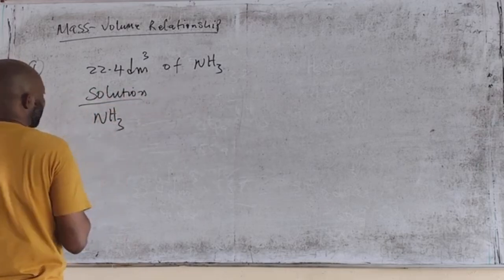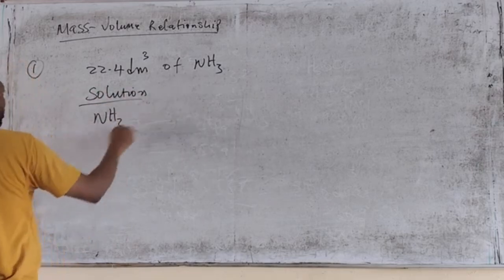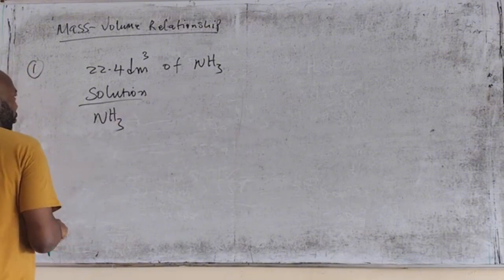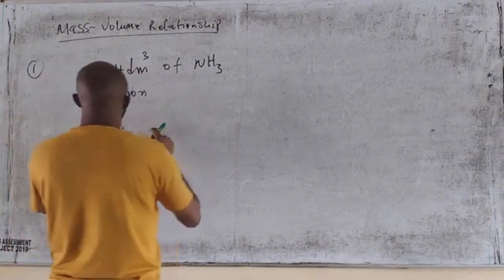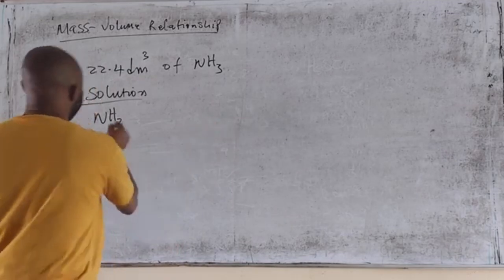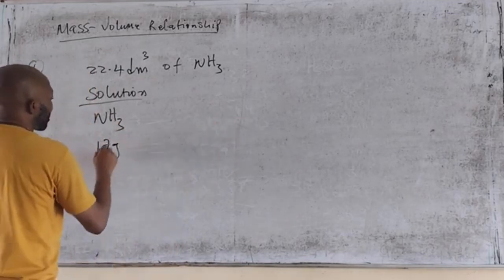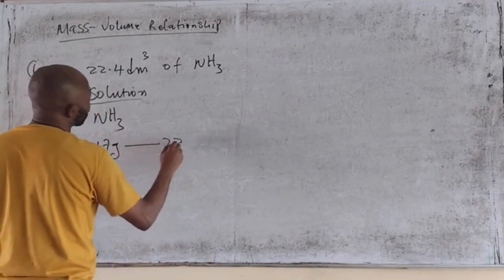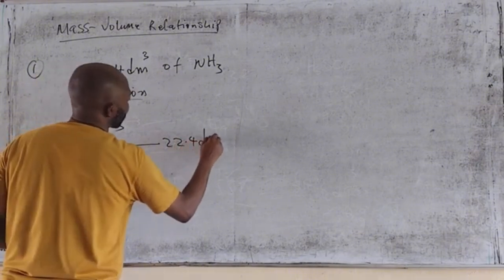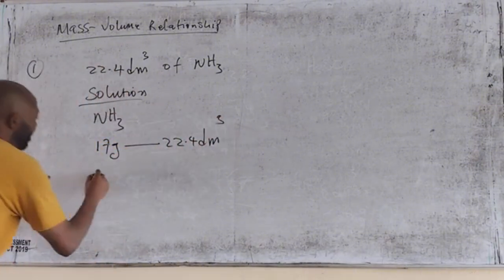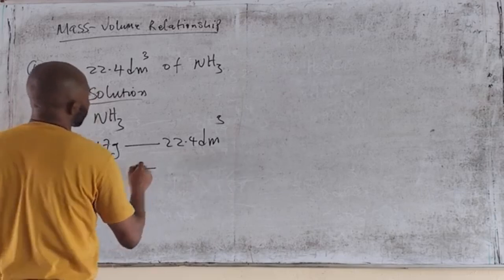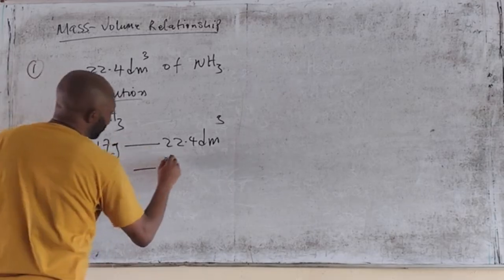NH3. For the mass, we have to know the relative molecular mass of this, which is nitrogen 14, then hydrogen 15, 16, 17. So 17 grams gives me 22.4 dm cube. So how many grams will give me 22.4?